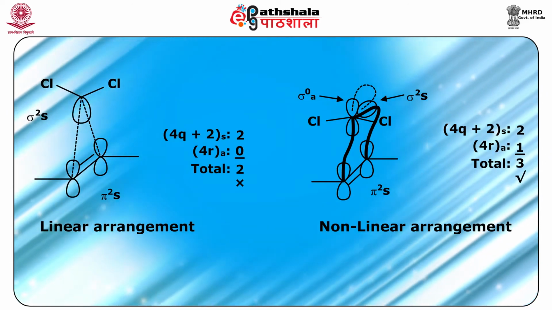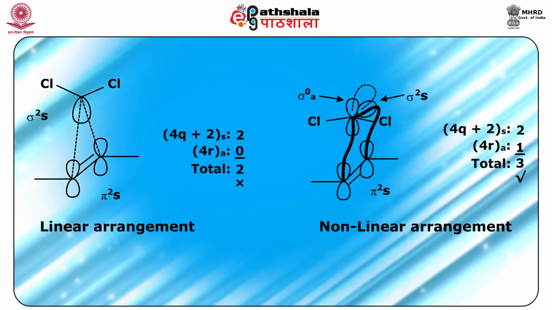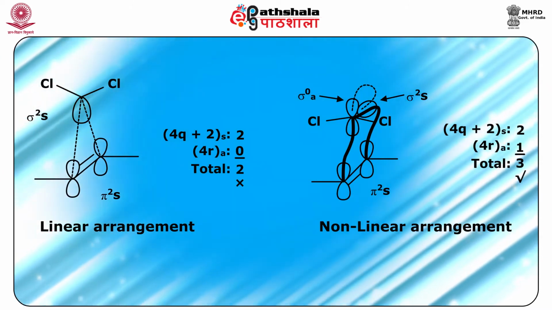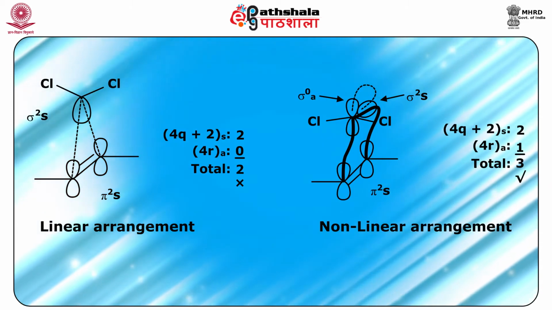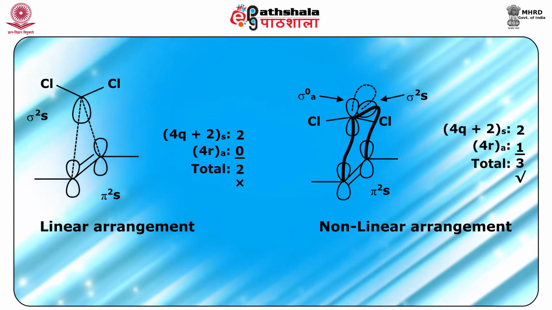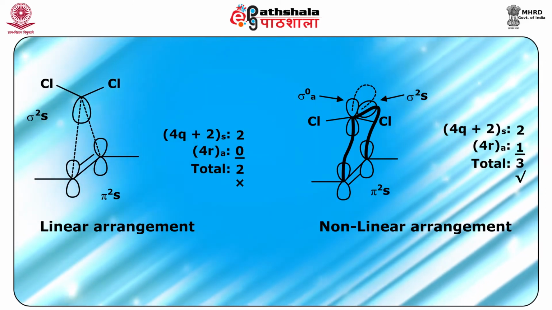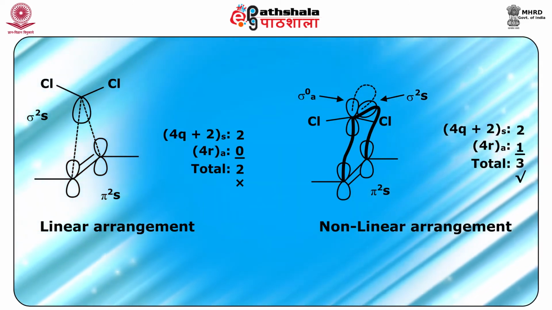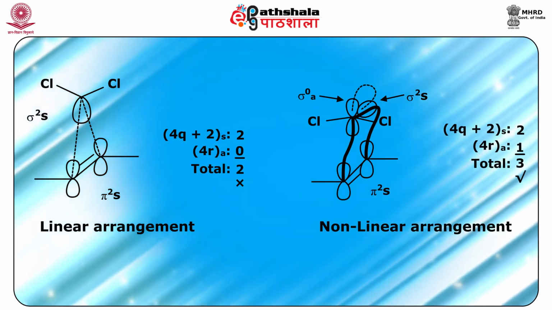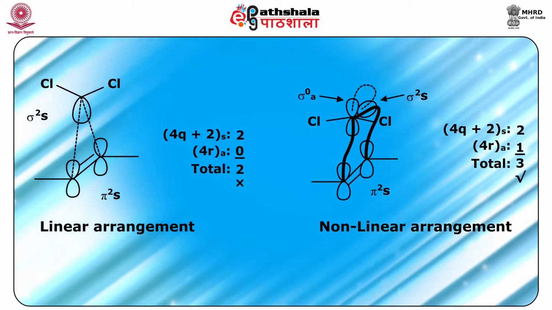To explain the linear and nonlinear geometry, let us consider the addition of a singlet carbene, CCl2 dichlorocarbene, to an alkene to make a cyclopropane ring, which is a 2+1 cycloaddition. A carbene is a neutral electrophile with 6 electrons in its valence shell. Due to this, carbenes are highly reactive, where a single carbene contains an empty p orbital and a sp2 hybrid orbital that has 2 electrons.